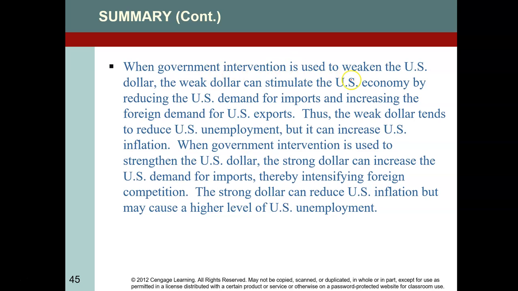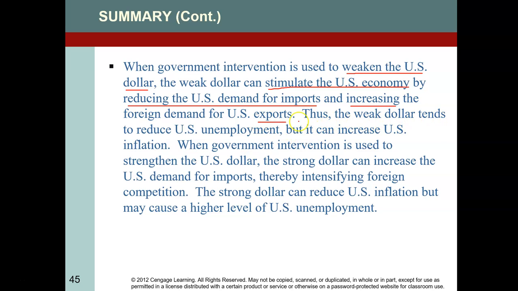Okay, so if we weaken the US dollar, no matter whether the government is using direct intervention or indirect intervention, if the US dollar is weakened, it can help stimulate the US economy by reducing imports and increasing exports.